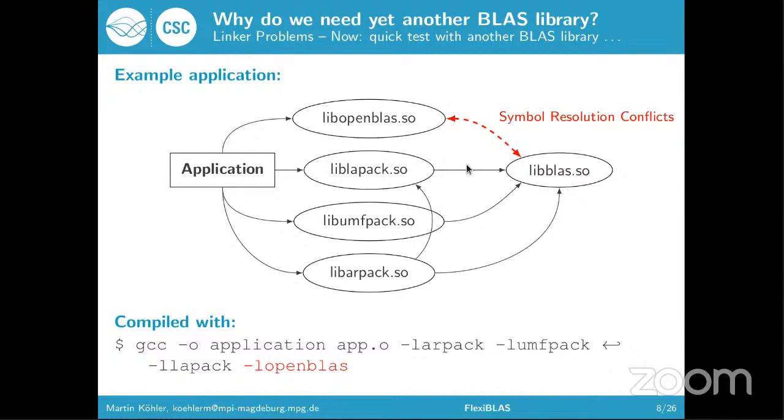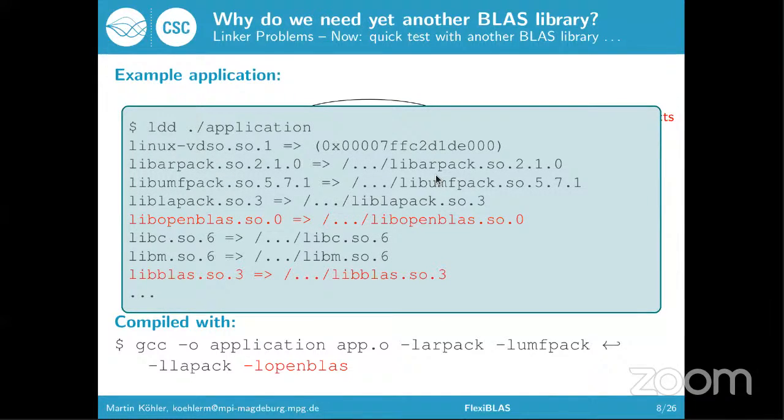I started GDB and saw that I had linked OpenBLAS, but the symbol which got resolved had its origin in Atlas. What happened? A close look at ldd shows the problem: we mixed in 2 libraries. So we searched for a solution to this problem. That was the point where we were coming from.